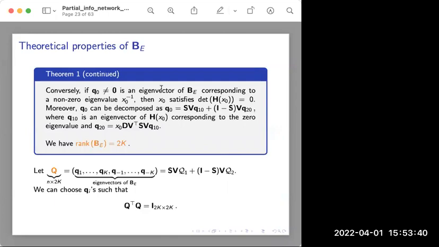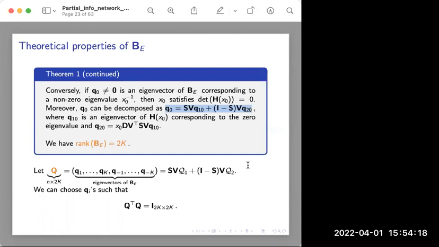In other words, if Q0 and x0 inverse are an eigenvector and eigenvalue of BE respectively, then x0 satisfies the determinant equation we were looking at earlier. Also Q0 can be decomposed into the two parts we were talking about, with the first part coming from the neighbors and the second part coming from the non-neighbors. And Q10 is an eigenvector of H(x0) corresponding to the zero eigenvalue.